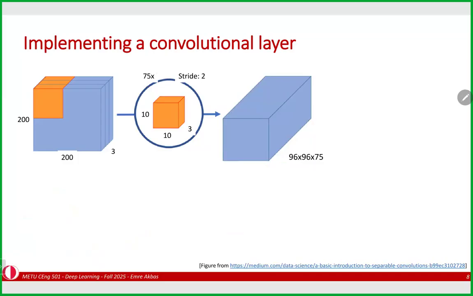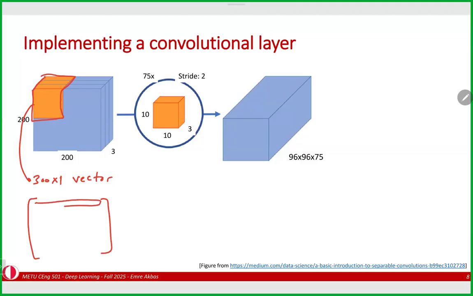What we will do is take this multi-dimensional array here, 10 by 10 by 3, and this will make a 300 by 3 vector, right? So we vectorize that part of the input image, and we stack this into a matrix as a row vector.